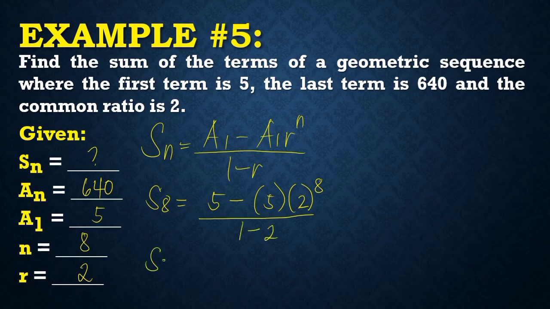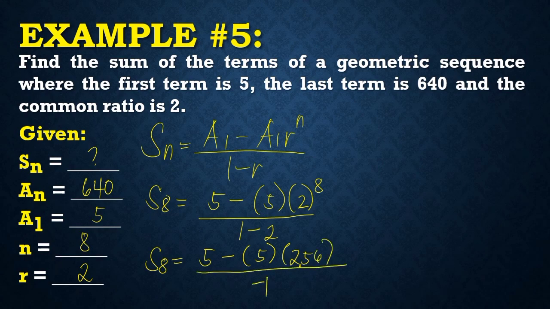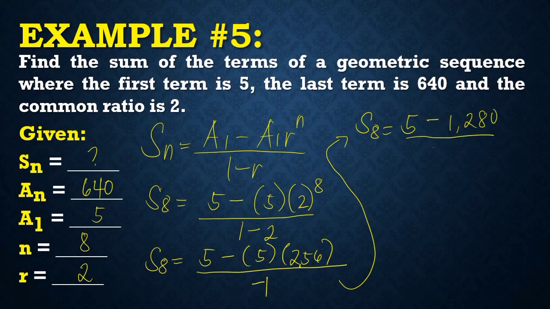So, S sub 8 is equal to 5 minus the product of 5 and 2 raised to 8. So, 2 raised to 8, that is 256. And then 1 minus 2 is negative 1. So, and then i-rewrite natin, S sub 8 is equal to 5 minus, so the product of 5 and 256 is 1,280 all over negative 1.